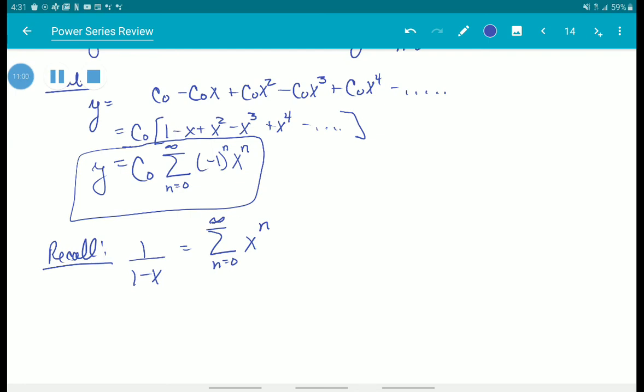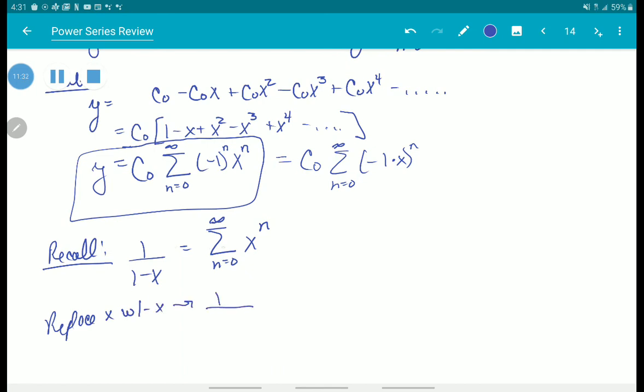If we tweak this just a little bit, we could come up with what that solution would look like. What we have is a negative x. Both of those are to the same power, so we could rewrite that as negative 1 times x raised to the nth. So what happens if we replace x with a negative x?